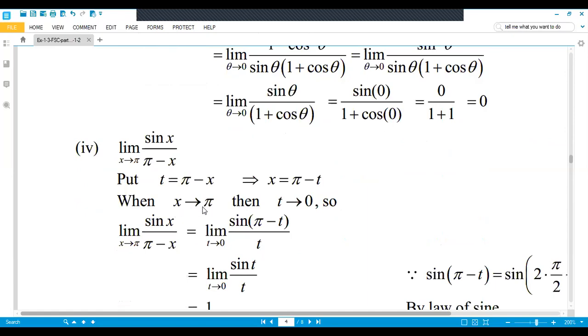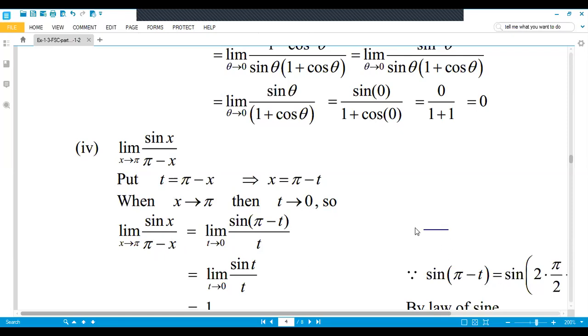X approaches pi, so what does t approach? You put pi in place of x in the first equation, so pi minus pi is 0. So when x approaches pi, t approaches 0. So sin x divided by pi minus x becomes, as t approaches 0, the value of sin x is sin (pi minus t), and the value of pi minus x is t.